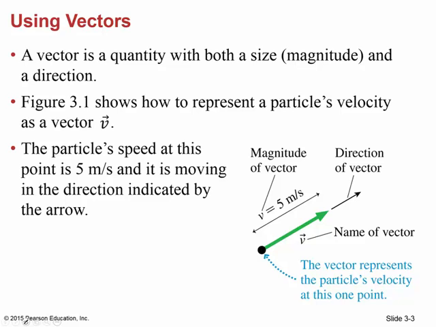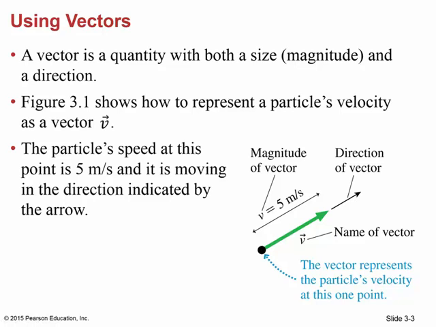Now, don't forget that a vector is a quantity that has magnitude and also has direction. As you can see, we can demonstrate an object's speed on a flat diagram or on a piece of paper. We can draw it using vectors. That's what makes it very convenient.